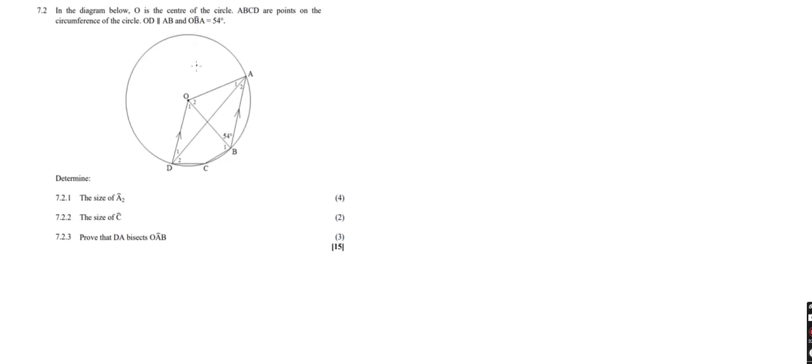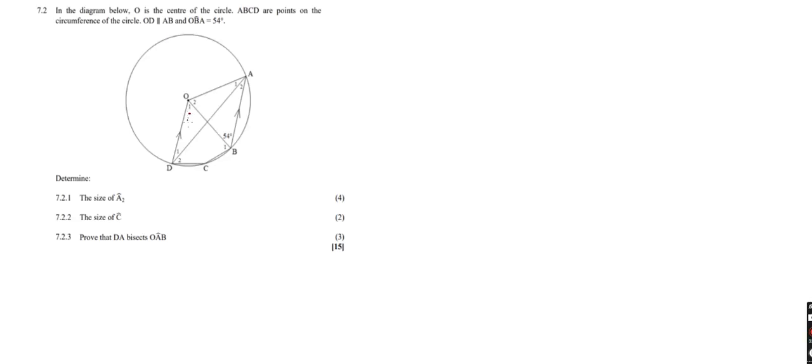And OBA is equal to 54. So clearly, because these lines are parallel, this 54 for OBA is going to be equal to this, to O2. So we can expect that O1 forms a Z, it forms alternating angles. O1 is going to be 54.